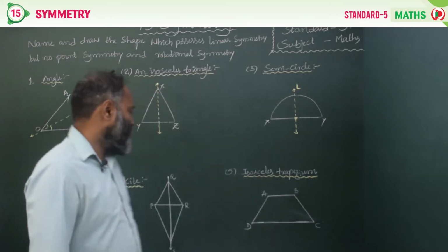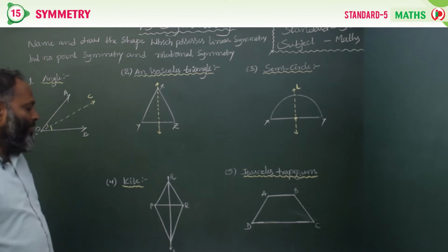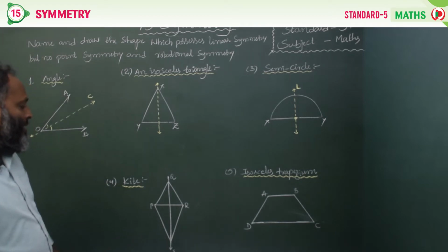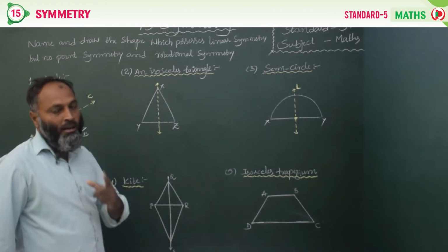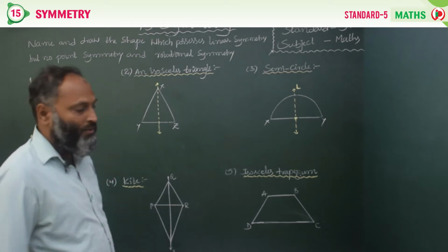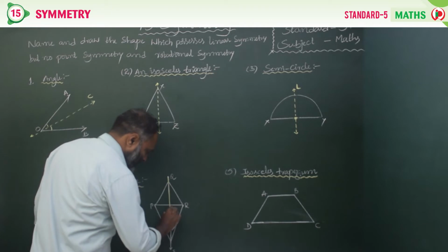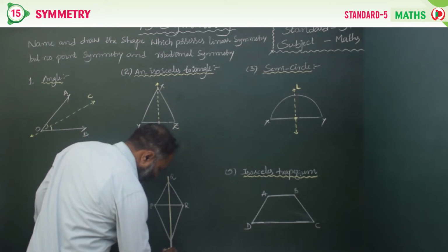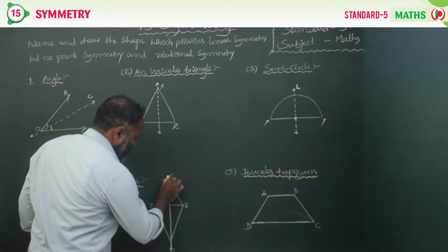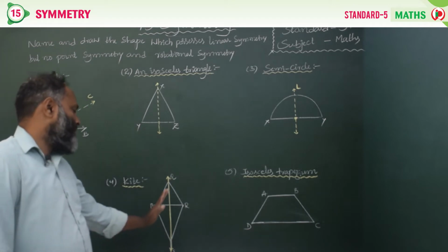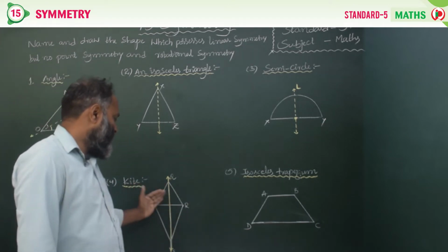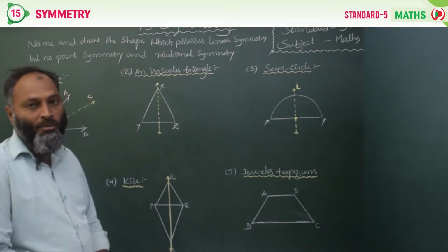The next one is the kite. A kite also has only one line of symmetry. If you draw a vertical line, it divides the kite into two identical shapes, one on the left and the other on the right.